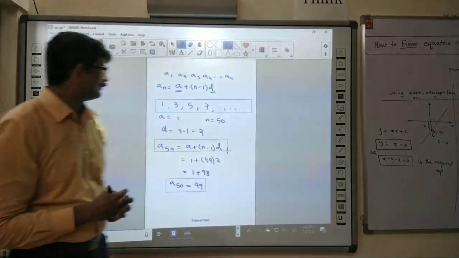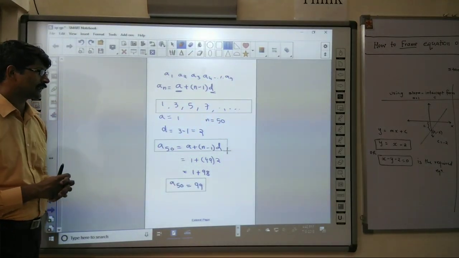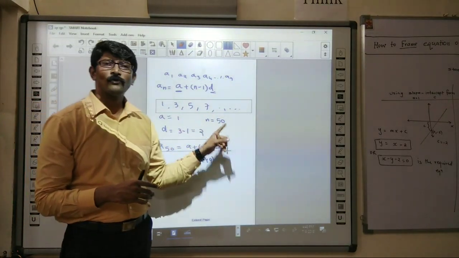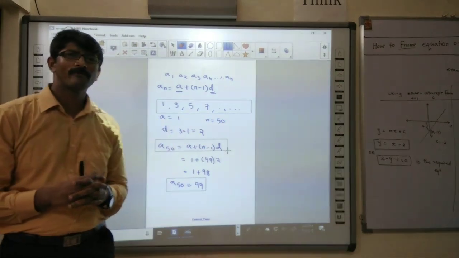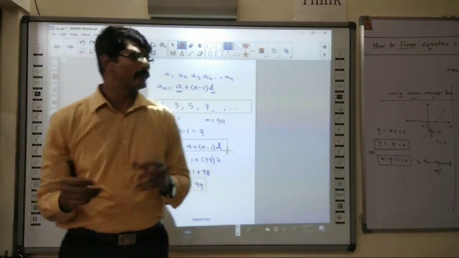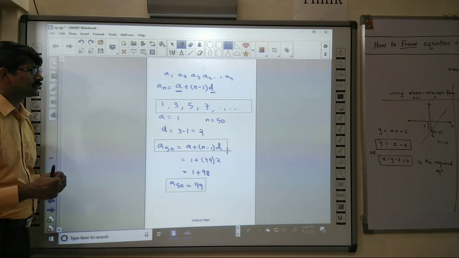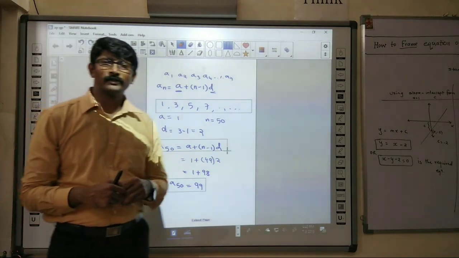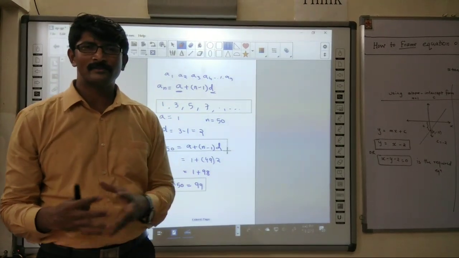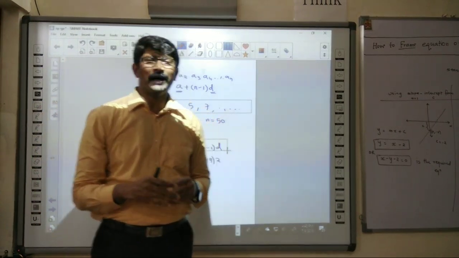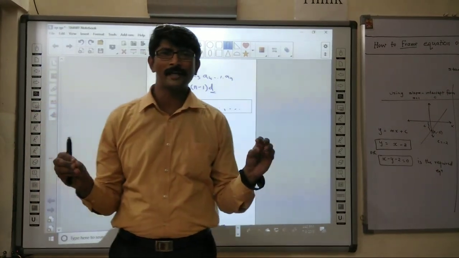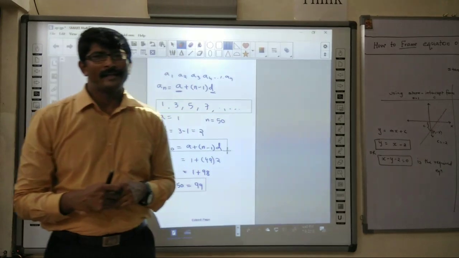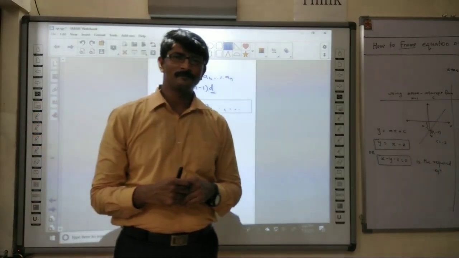Say we are to find the sum of the first 50 terms. How are we going to do that? It's very simple, students. Believe me, I'm going to give you a one-line formula, and if you use that formula, it's really simple.